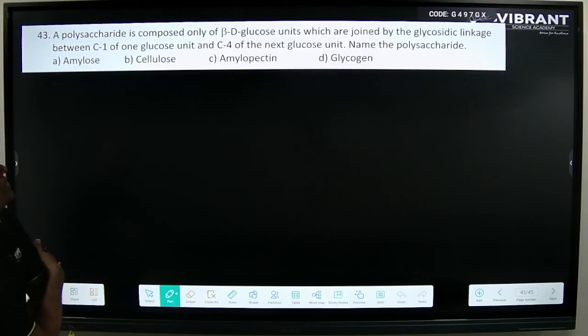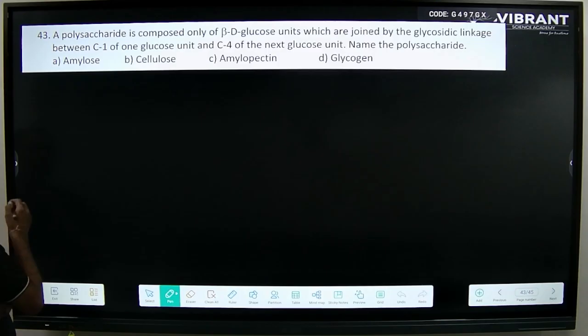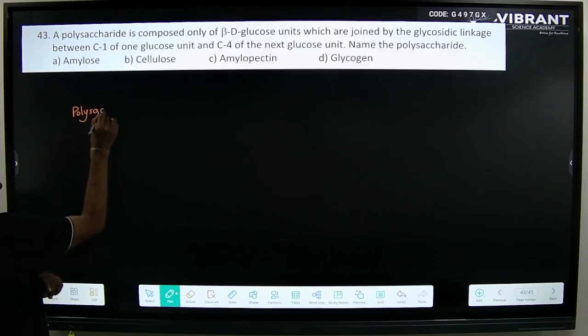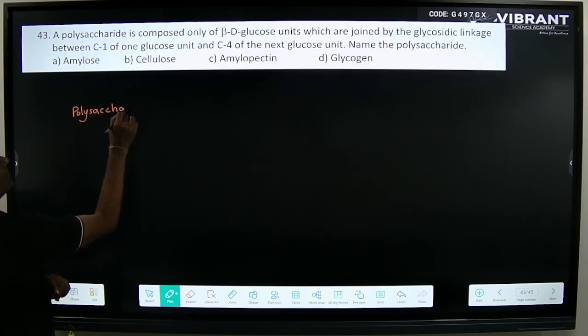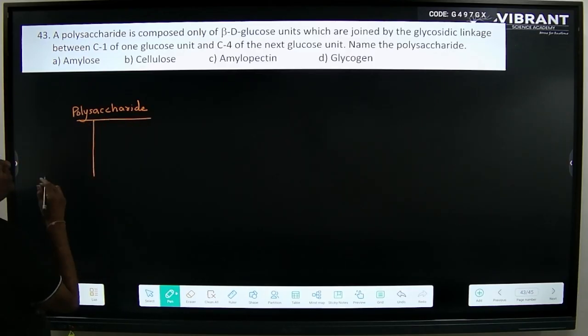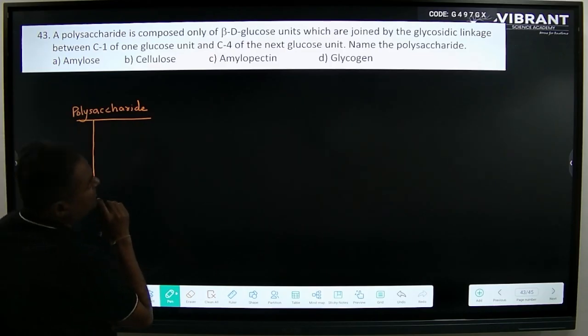Okay, now one thing is very clear, child. A polysaccharide is composed only of beta D glucose units. Now, you are aware of polysaccharides, correct? A polysaccharide is a polymer of monosaccharides, correct? Now, they have mentioned beta glucose here.